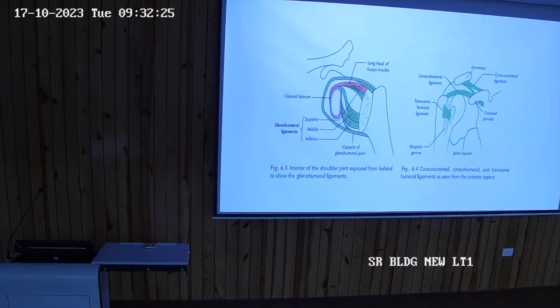The accessory ligaments include this one. Look here, this is the coracoid process, this is the acromion process. Extending from the coracoid process to the acromion process is the coracoacromial ligament. So coracoacromial ligament is an accessory ligament. No doubt it helps during the movement of the shoulder joint, that we will talk about, but it comes under the head of accessory ligament.